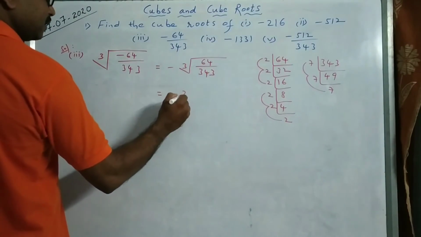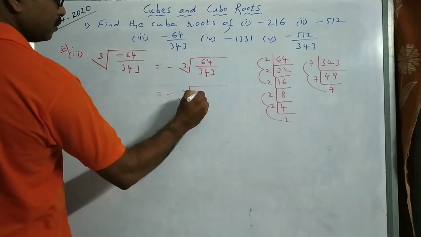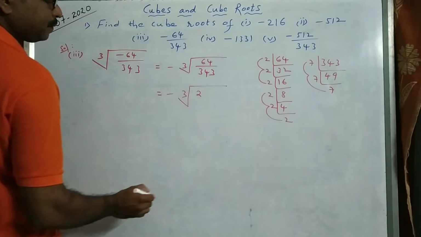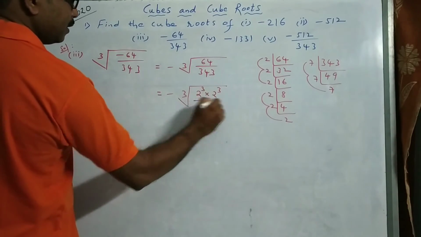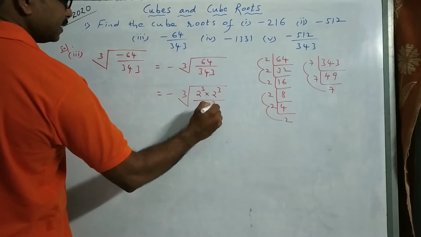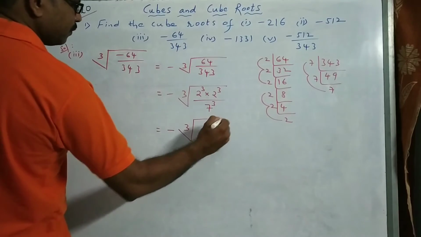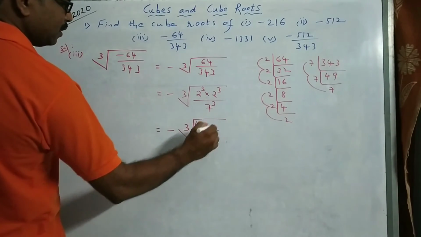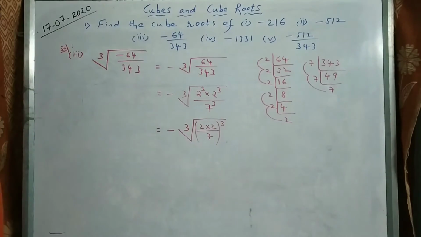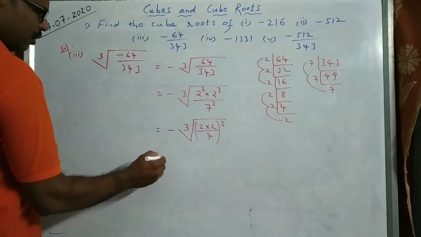So minus cube root of, how do we write this? 64 is 2 cube into 2 cube, and 343 is 7 cube. So minus cube root of 2 into 2 upon 7 whole cube, because all are perfect cubes there. So I can write whole cube.